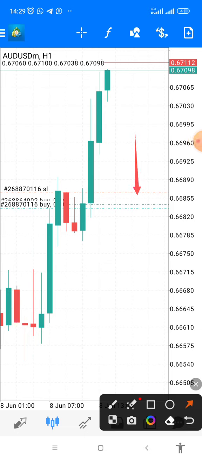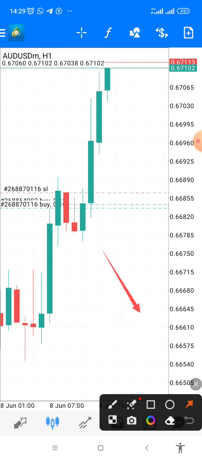And if it is a sell trade, you will move your stop loss below the entry, somewhere below here. Any of these areas could be where you move your stop loss into profit. That is what we call trailing stop, or having a risk-free trade.